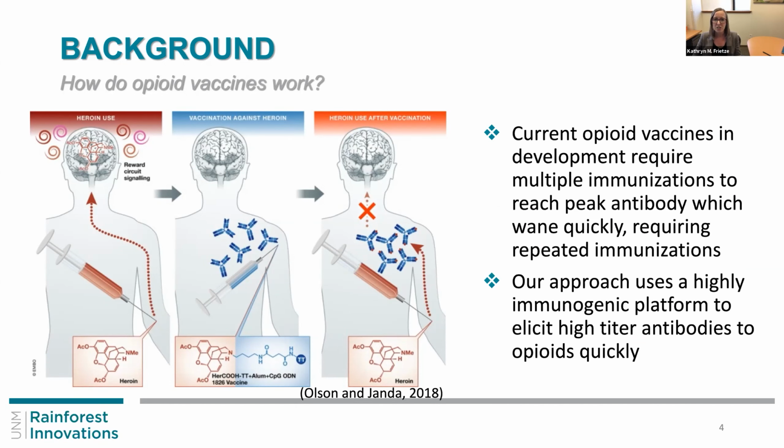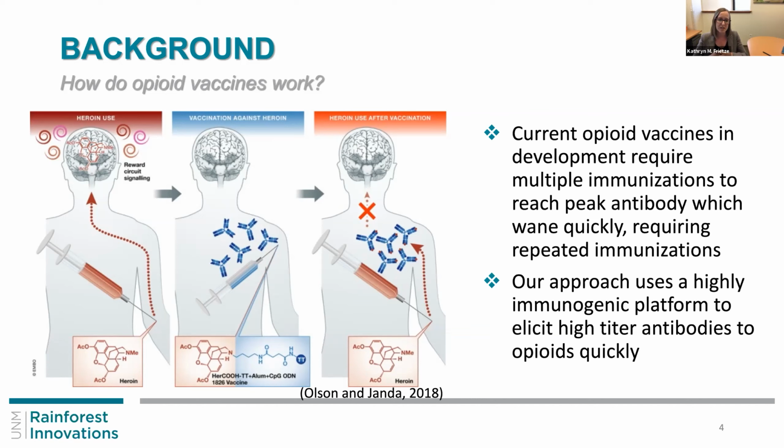So there's this idea that if we can elicit high titer antibodies, which are molecules that float around in our body and usually target infectious diseases, if we can trick our immune system into making these antibodies to the opioid drugs, then when an individual is exposed to the opioid drug, whether through intravenous injection or ingestion or inhalation, those antibodies will bind up the drug and prevent the drug from entering into the brain where it acts.